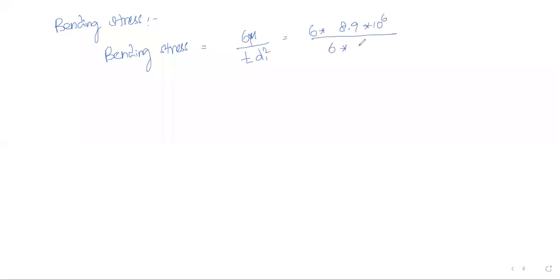The formula for bending stress is 6M divided by t square, which is simply M by Z. So the formula is 6 into the M value, 8.9 into 10 to the power 6, divided by thickness 6 mm and the d value, whichever is less. 260 mm is less.